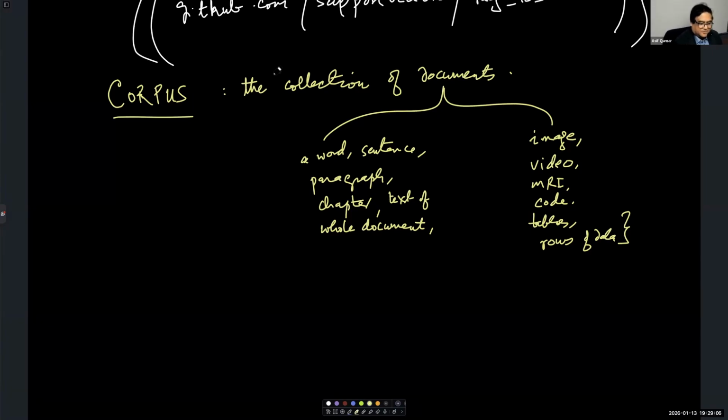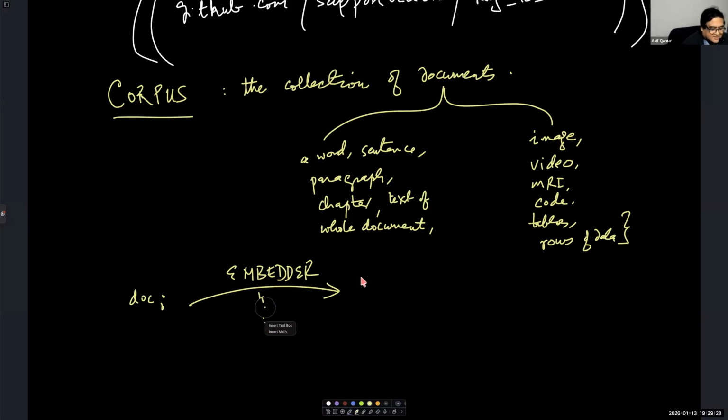And what's the journey of a document? So what happens is, first thing is, if the document is too big, do you want to create... So think about it this way. I will call it a doc, an embedder. The first thing we need is an embedder. I'll call it phi, right? And let's say that this converts it into a vector.